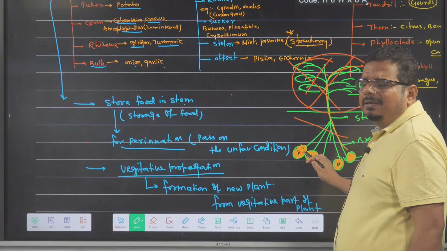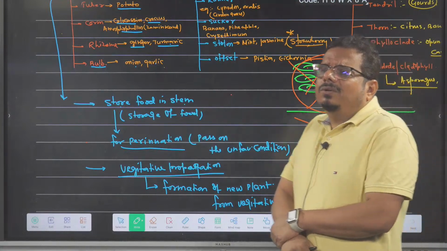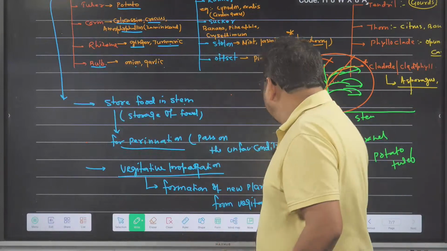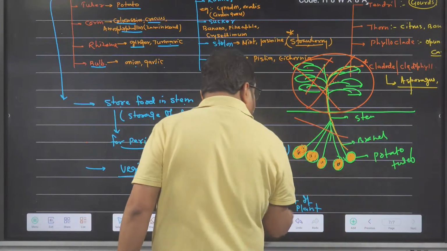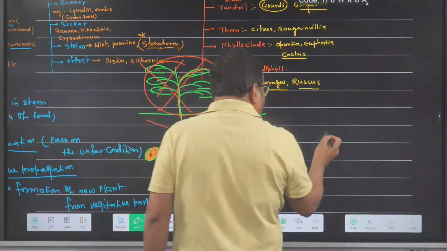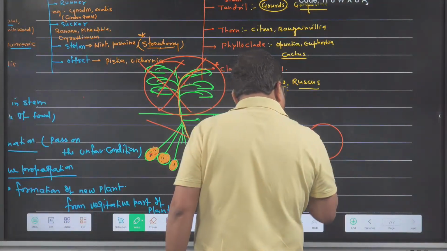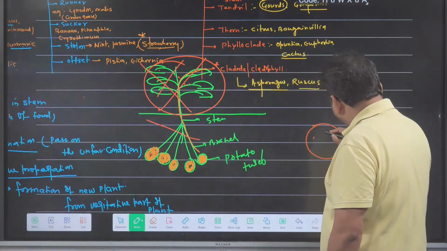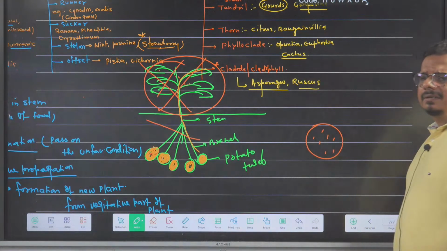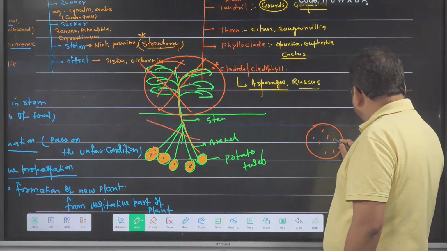Now suppose that favorable condition came. What happened? From this potato, you will find many scars. Getting the thing? Those are basically nodes.